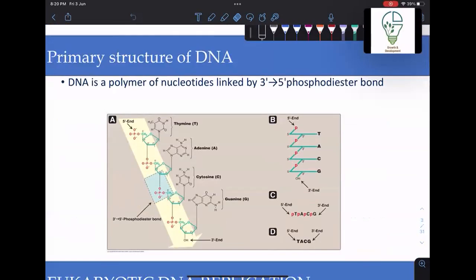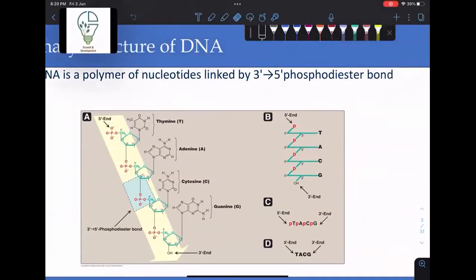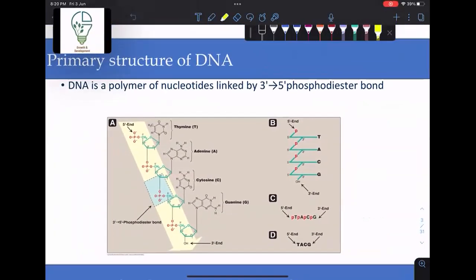Let's start off by describing what a normal DNA structure looks like. We know that a DNA molecule is basically double-stranded, right? It has two strands that run opposite to each other, meaning that one strand is going to run this way, just hypothetically, whereas the other strand is going to run this way.